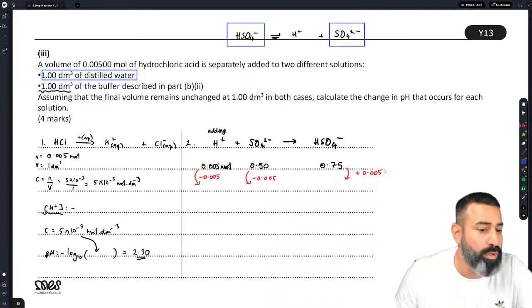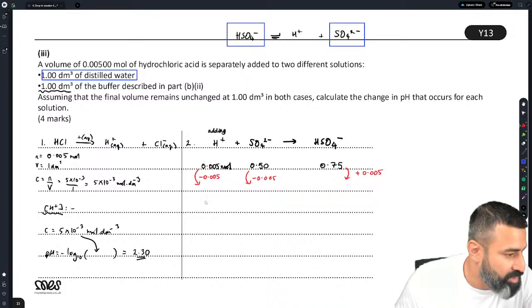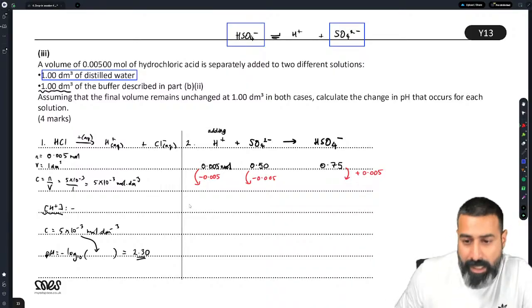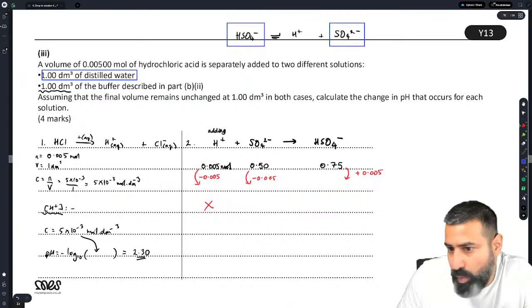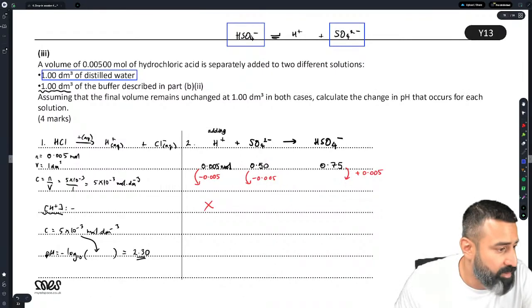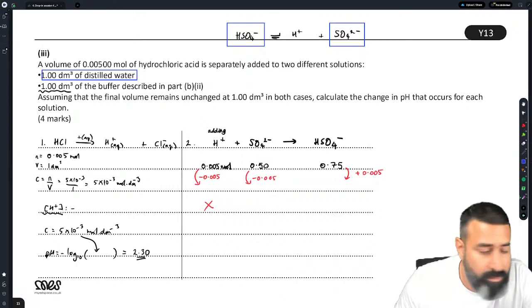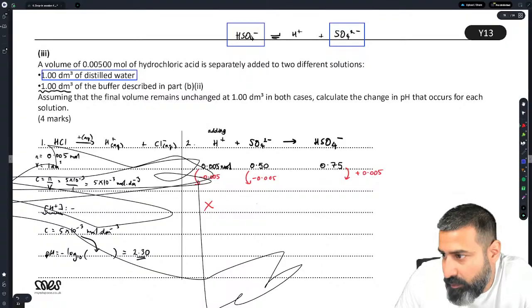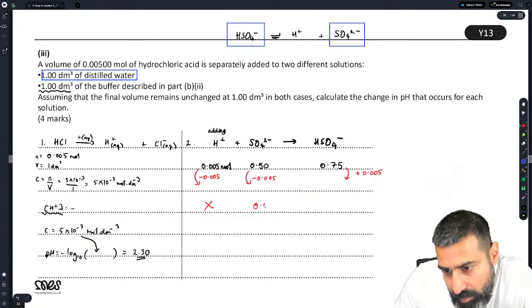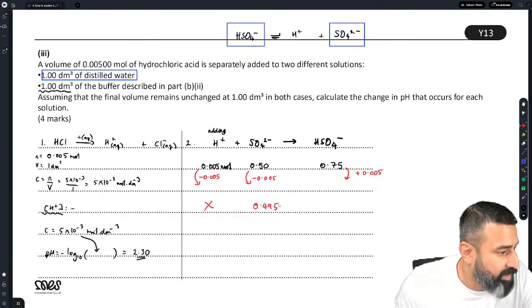So what are my new concentrations? Concentrations, moles, doesn't really matter here. Yeah, this one's an ice table. So we're going to have none of the H plus left. So what is my SO4 2 minus going to be? Yep, 0.495.